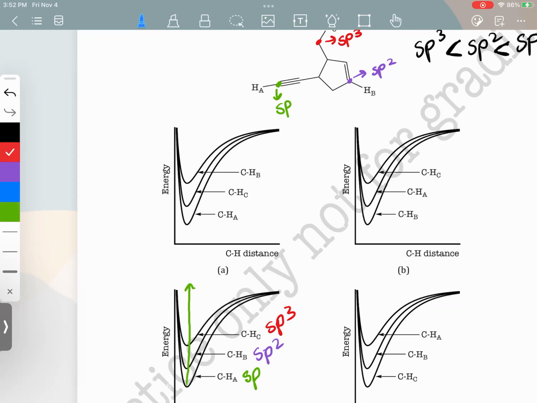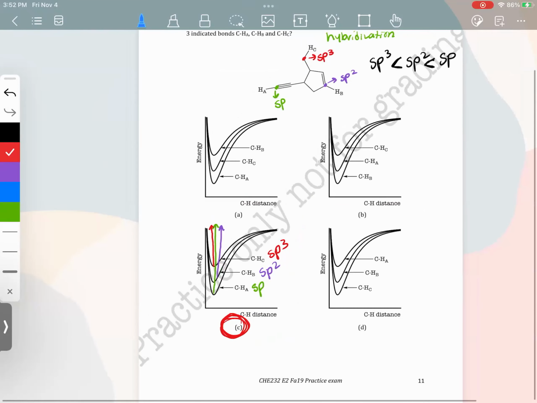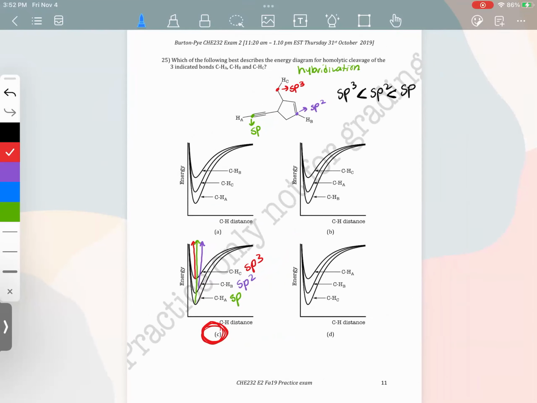You need more energy to break the sp than the sp2, and then more to break the sp2 than the sp3. You see the energy differences? So C is the correct answer choice that best describes the energy differences between these bonds.